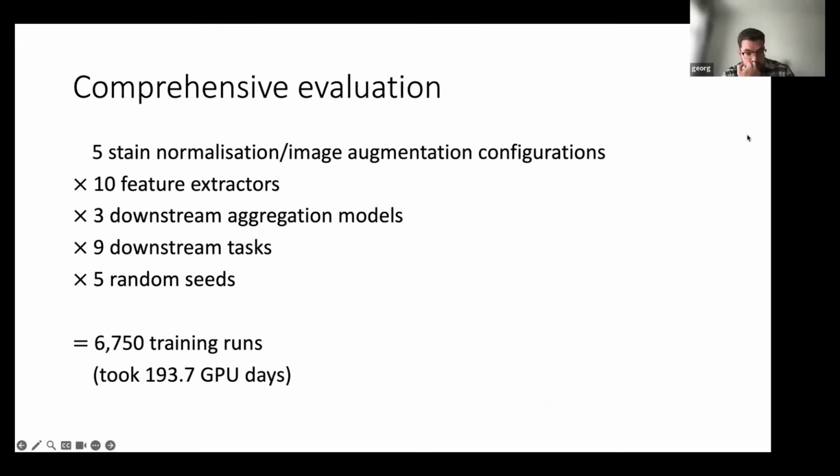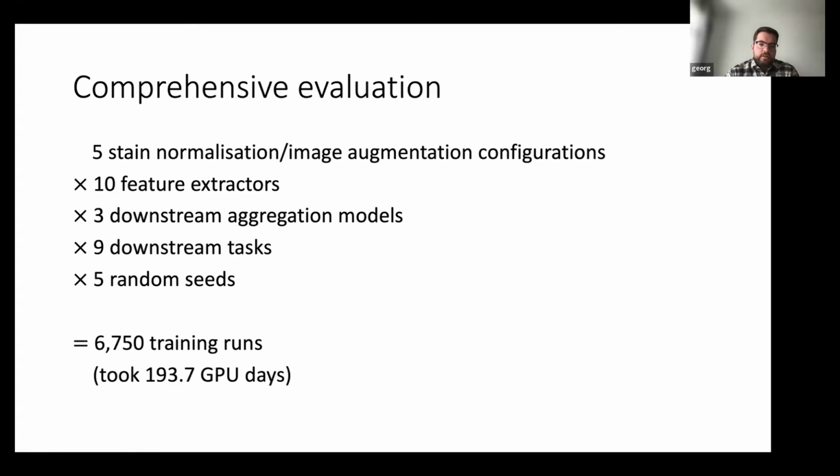Okay, so in order to quantify how these augmentations and stain normalization and the feature extractors themselves, all these moving parts, how do they affect downstream performance? We conducted a comprehensive evaluation where we looked at 5 different configurations of stain normalization or image augmentation.